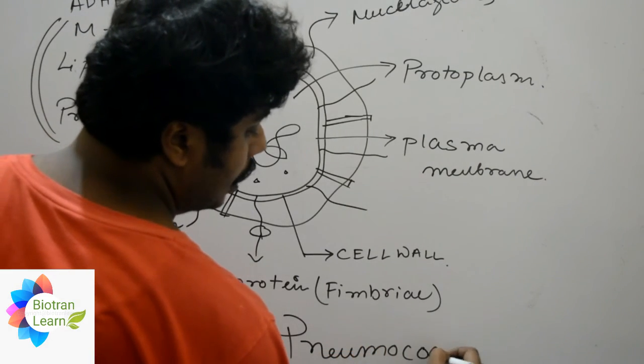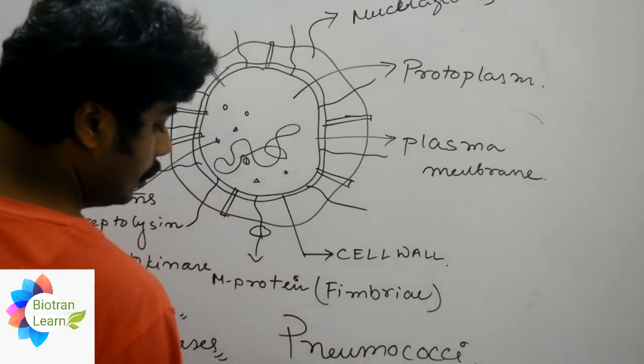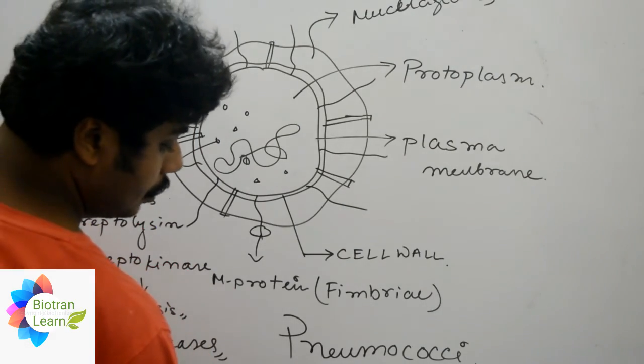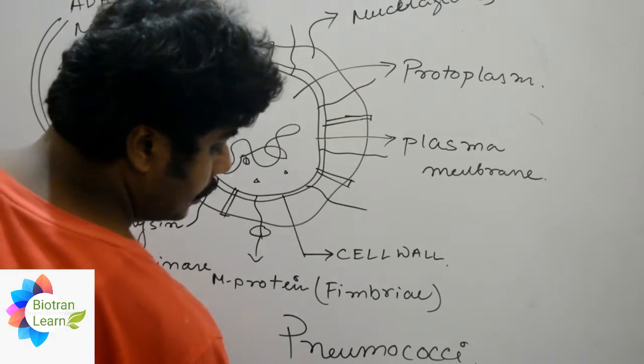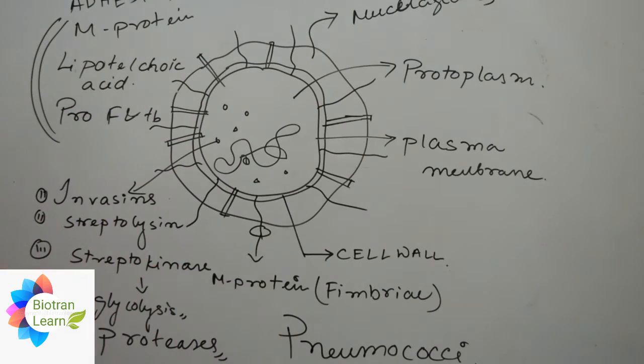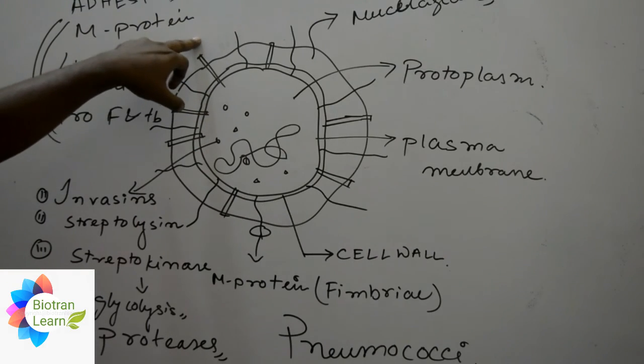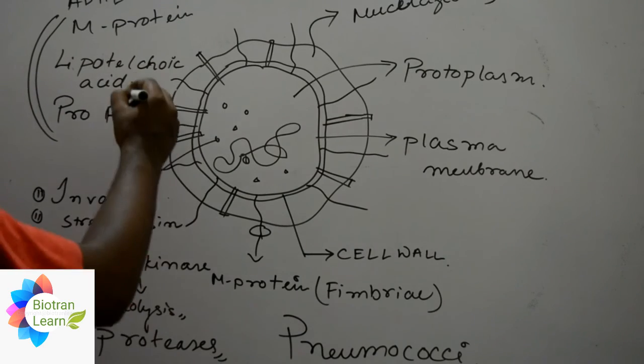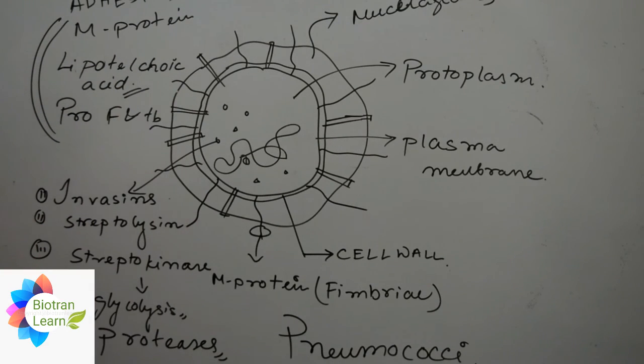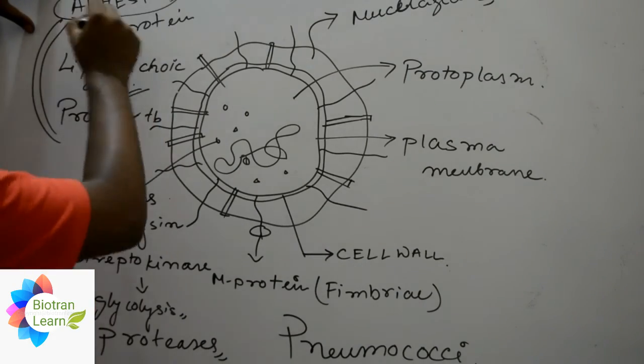These pneumococci are associated with the respiratory diseases in case of mammals, right? So what we have learnt earlier, that this lipoteichoic acid will always form a particular structure that will help to make that adhesin.